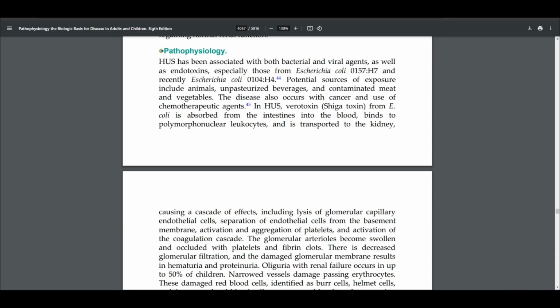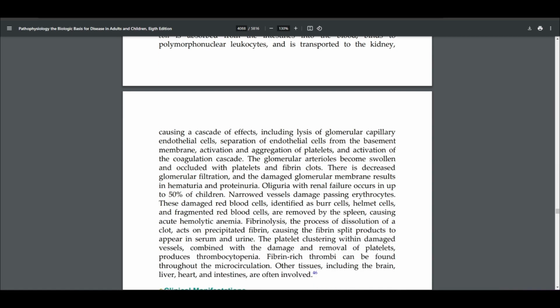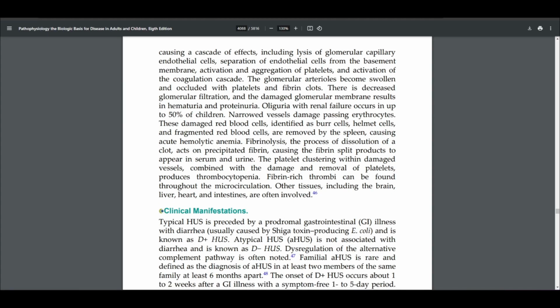The HUS virotoxin from E. coli is absorbed from the intestines into the blood, binds to polymorphonuclear leukocytes, and is transported to the kidneys, causing a cascade of effects, including lysis of glomerular capillary endothelial cells, separation of endothelial cells from the basement membrane, activation and aggregation of platelets, and activation of the coagulation cascade.